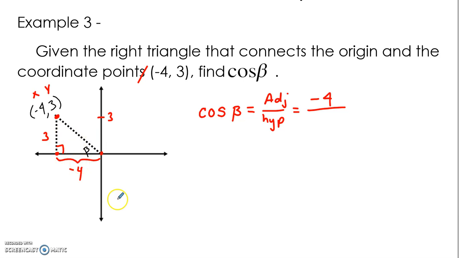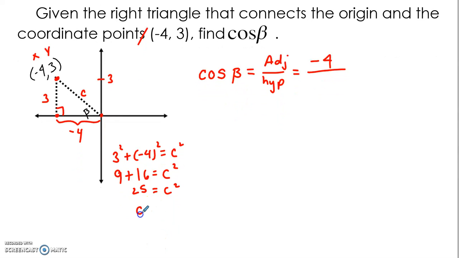One thing I'd like you to remember is that, with 3 and 4 being my legs for a right triangle, I'm automatically going to get 5 for my hypotenuse, and we can call this C. That's a Pythagorean triple, and it's an important one to know so that you don't have to always do this piece of it, because it's a pretty common one. So C is equal to 5. It's a 3, 4, 5 triangle, and any multiple of that.